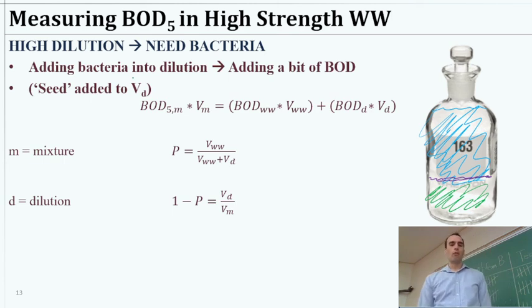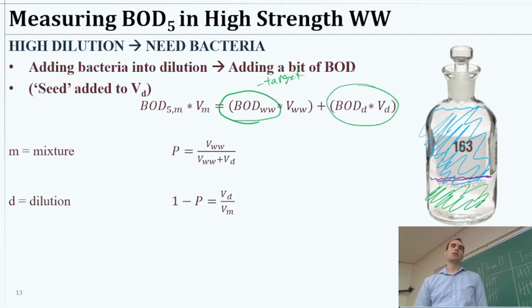We have to account for that if we're trying to find the BOD in our sample, or in the mixture. If we're trying to find the BOD in our sample here, that's probably the ultimate goal, so we'll just call that the target. We can measure the BOD in the mixture by this jar analysis, but we also need to know something about how much BOD we just added with the seeded dilution.